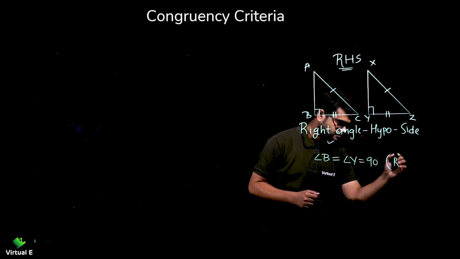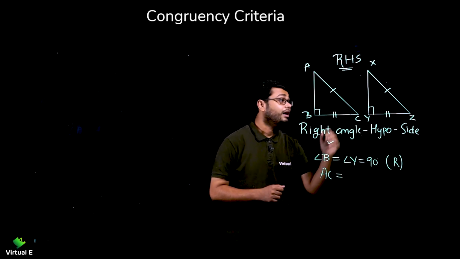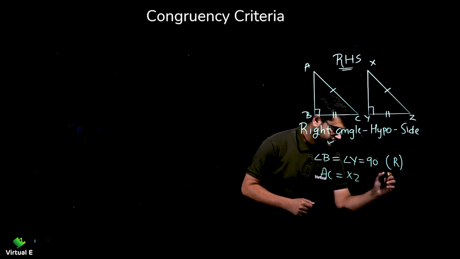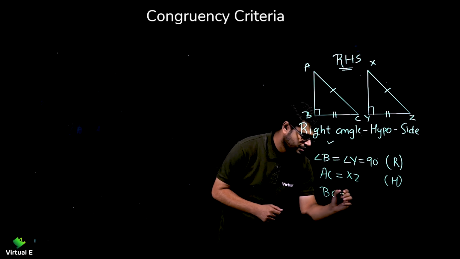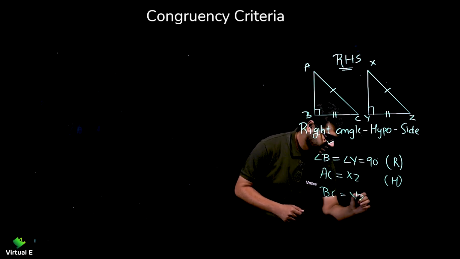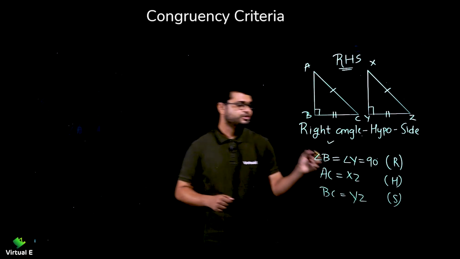That is our right angle. Hypotenuse, that is AC here, and XZ, that is hypotenuse, and side we have BC here and here YZ. So that is our side. That is our RHS criterion.